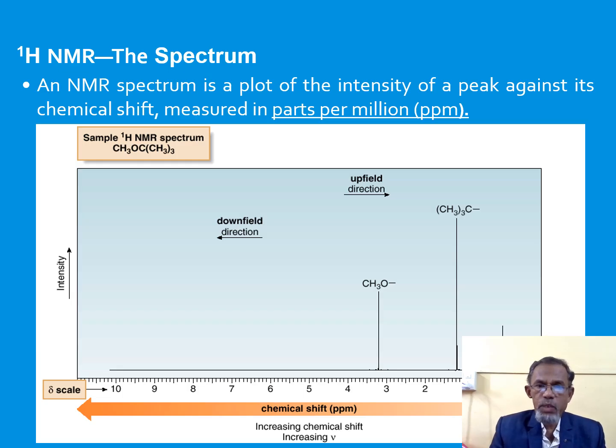This simple NMR spectrum has two parts, which we designated here as the upfield direction and the downfield direction, and the lower scale, the x-axis, is also represented here. The ppm values start from 1 to 10, and this is called the delta scale, and usually we represent it in the form of a chemical shift.